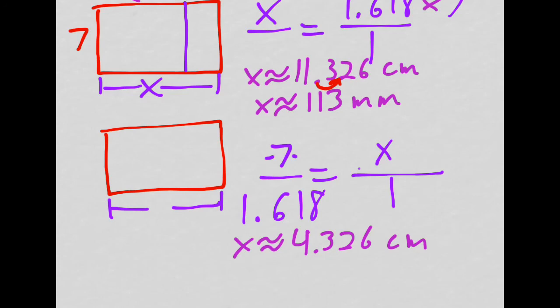Or in millimeters, x is approximately, remember we just move the decimal one place to the right, and since the next number is 2, we just round down and we get approximately 43 millimeters.